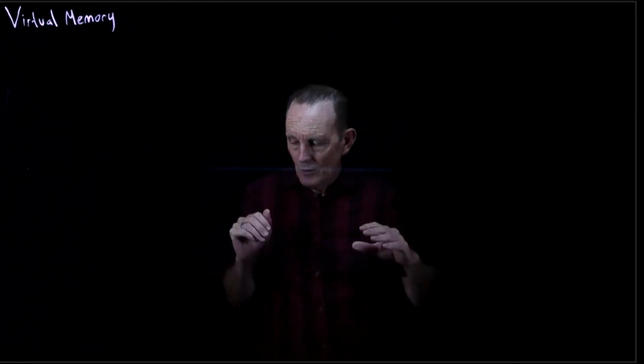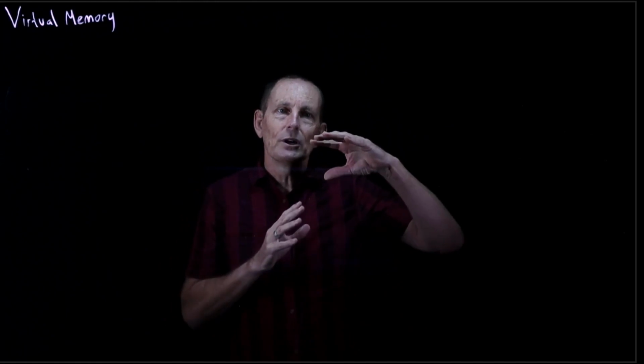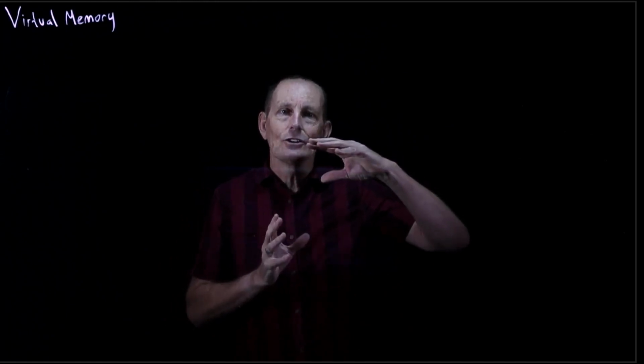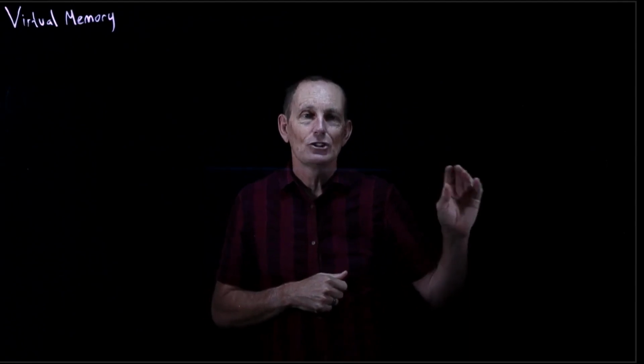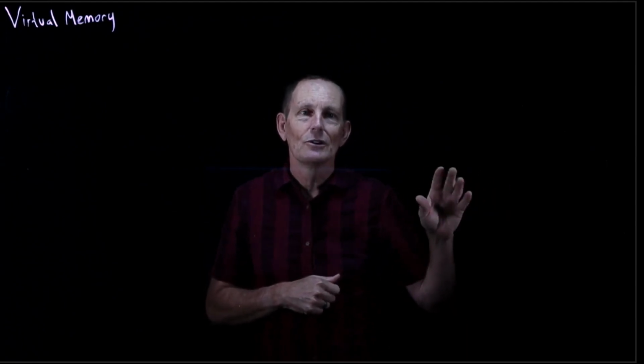The idea is to provide this illusion of virtual memory. We're going to use memory as a cache for disk. Memory is expensive, fast, and small. Disks are cheap, slow, and large.